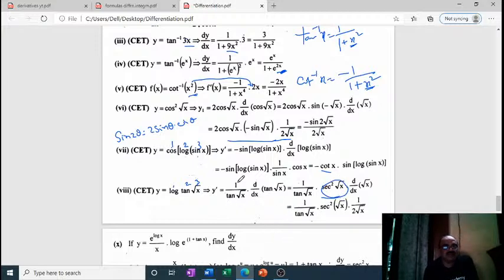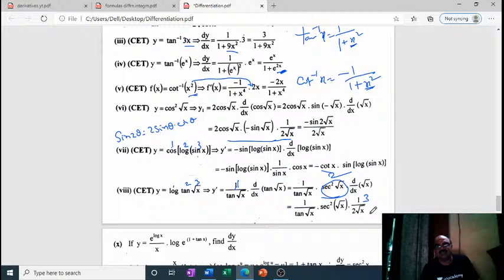This is first. This is second. And we have third here. Third is root x differentiation, 1 by 2 root x. What is the final answer? 1 by tan root x into secant square root x into 1 by 2 root x.